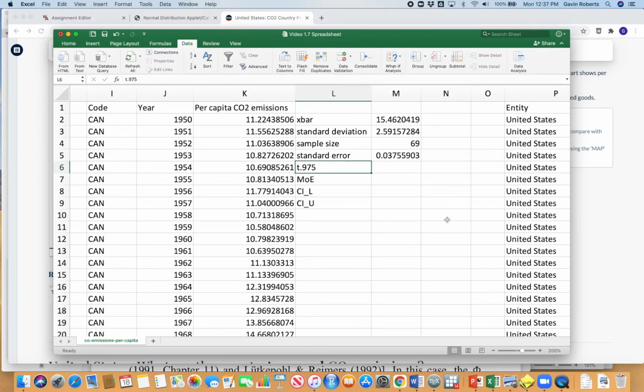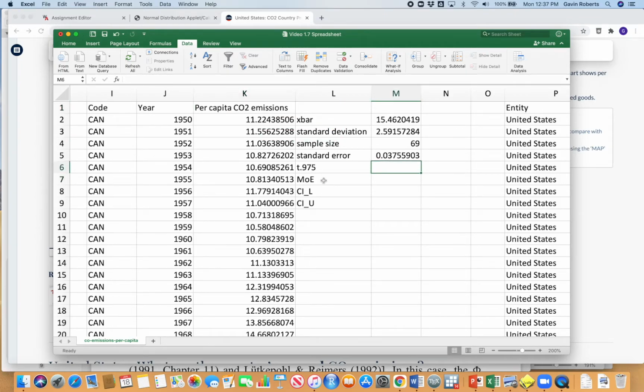Now we're going to build a 95% confidence interval. So when we're thinking about confidence intervals, we want to ask, how far away from my estimate of the mean do I have to go above and below in order to be 95% confident that the true population per capita CO2 emissions are within my confidence interval?